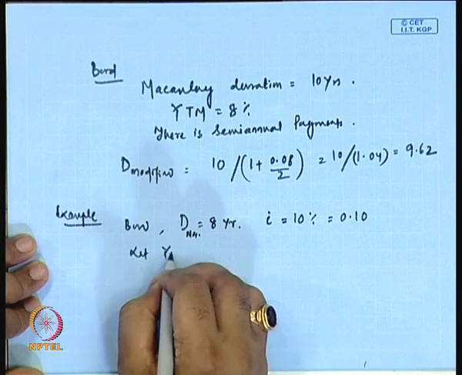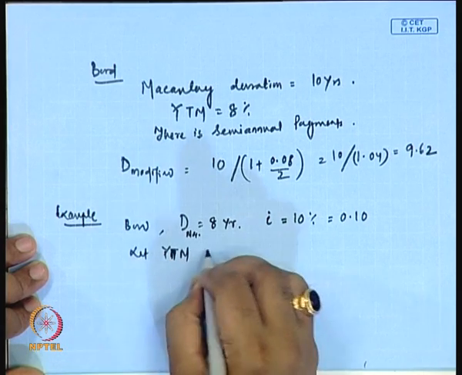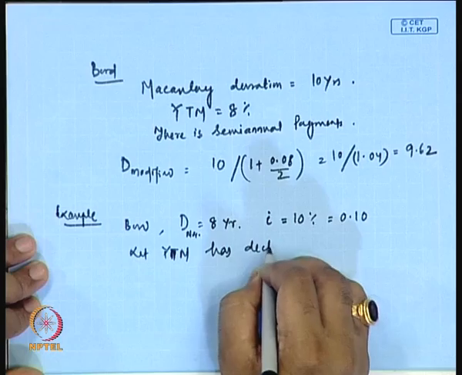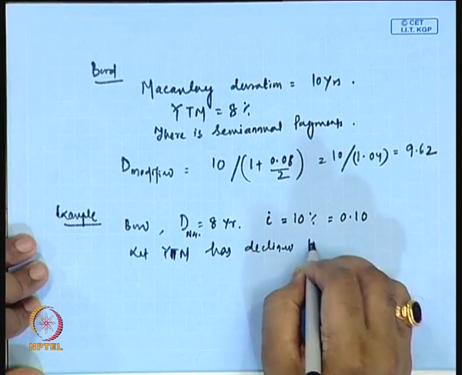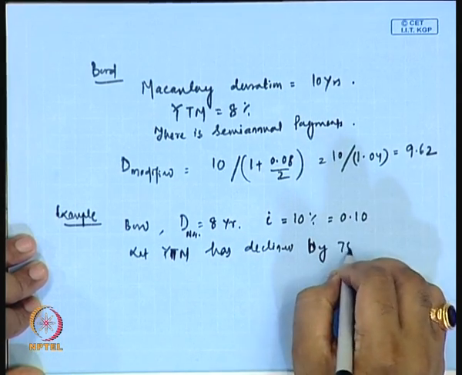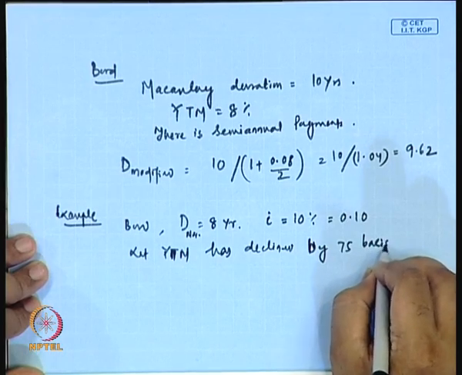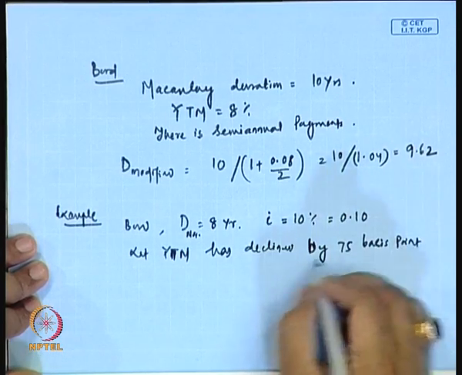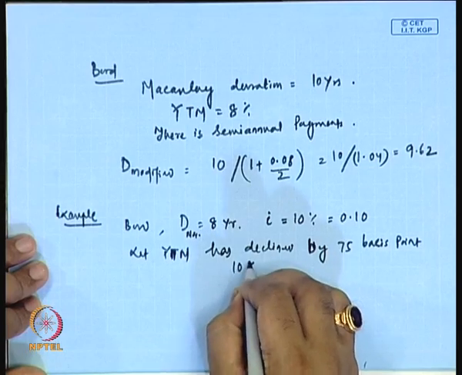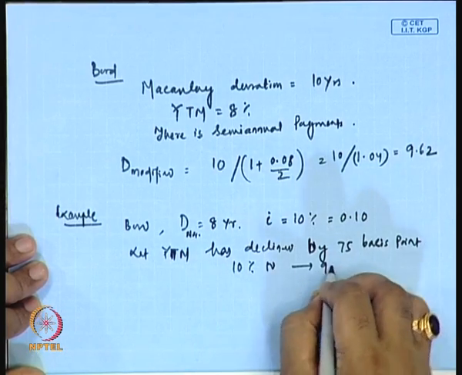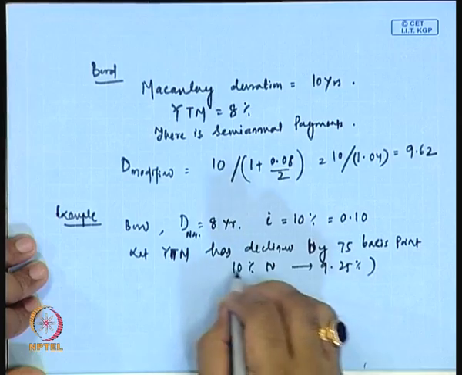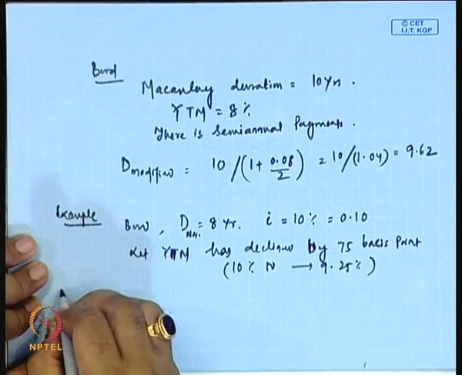Let the YTM decline by 75 basis points, that is, from 10% to 9.25%. How can you calculate the modified duration?